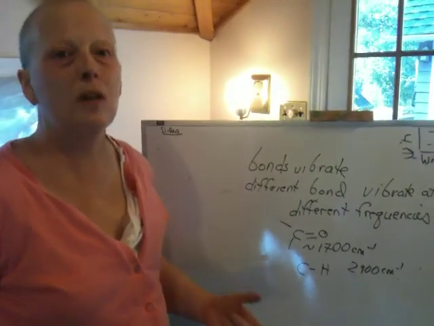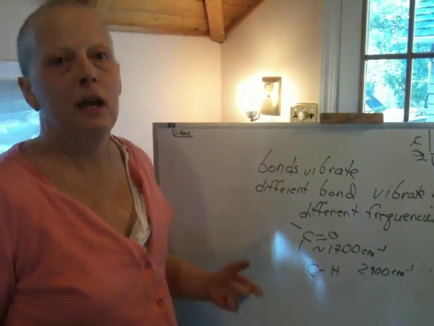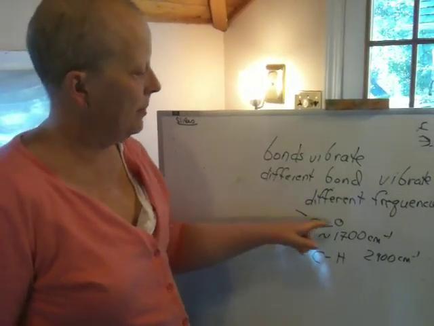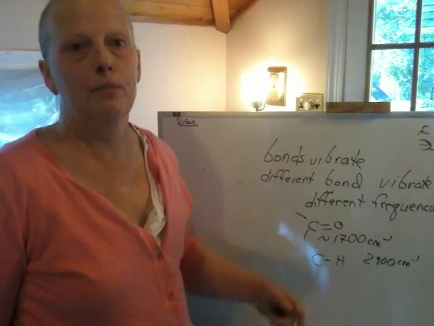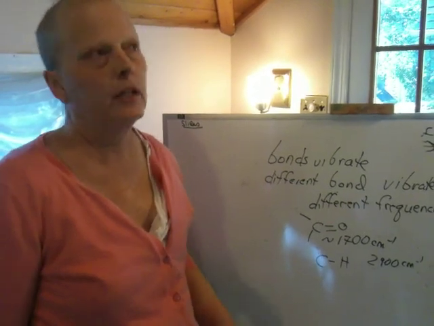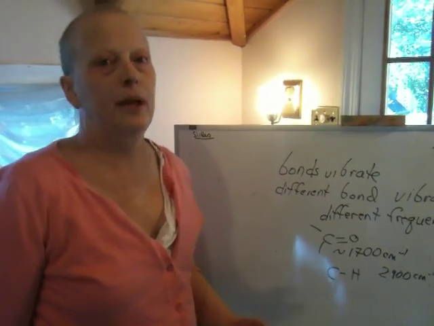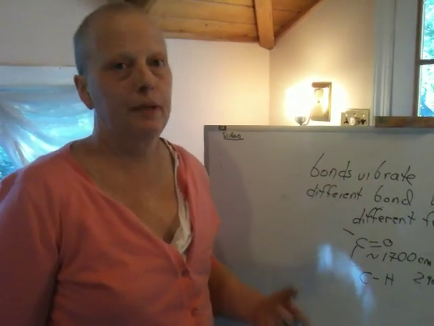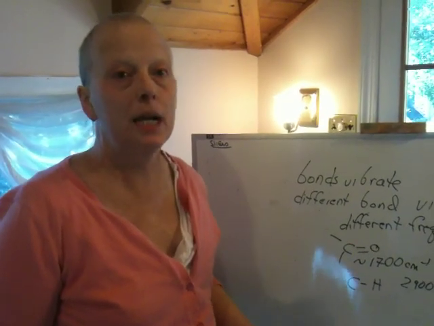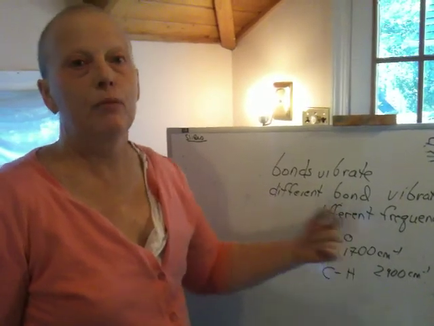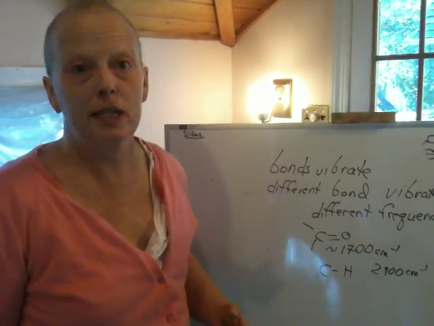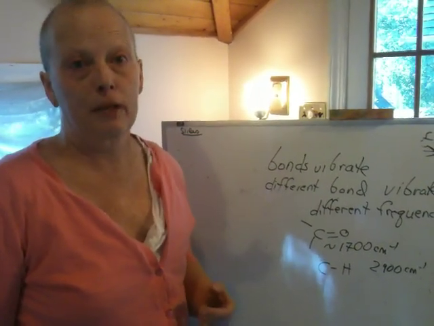Now, what's going on with the IR? Why does a bond that's vibrating at 1,700 reciprocal centimeters absorb infrared? The reason bonds absorb infrared frequencies is because the vibrational frequencies of bonds are in the same range in terms of frequency as the infrared part of the spectrum.